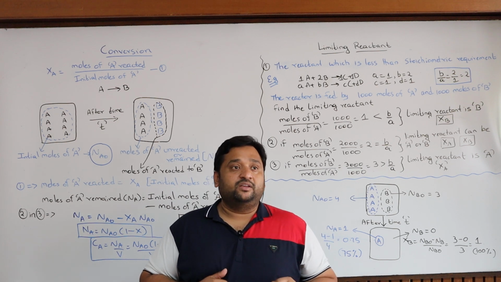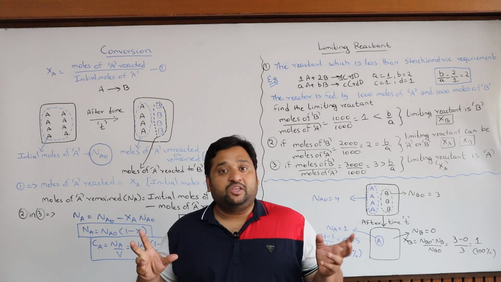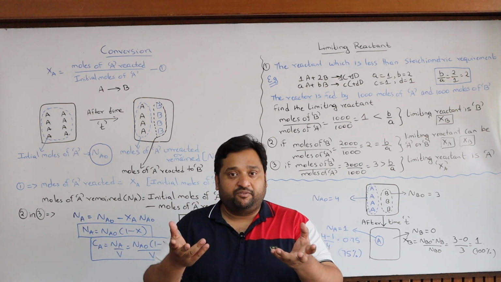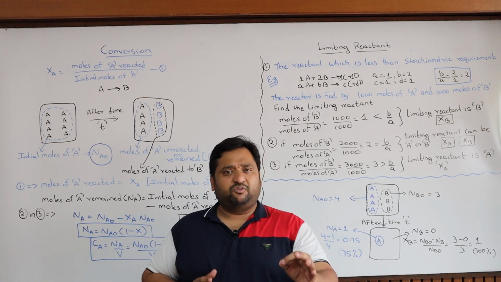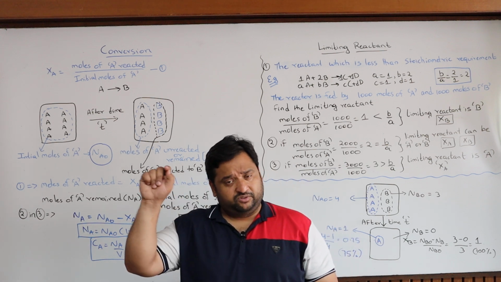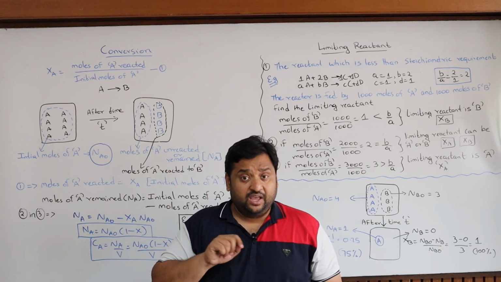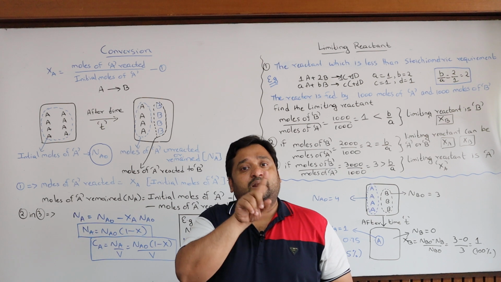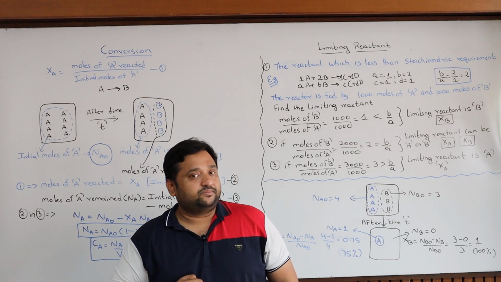And the second, if we have to define a conversion, we have to define it based on any one molecule. For example, A plus B gives rise to C plus D, where A and B are our reactants.